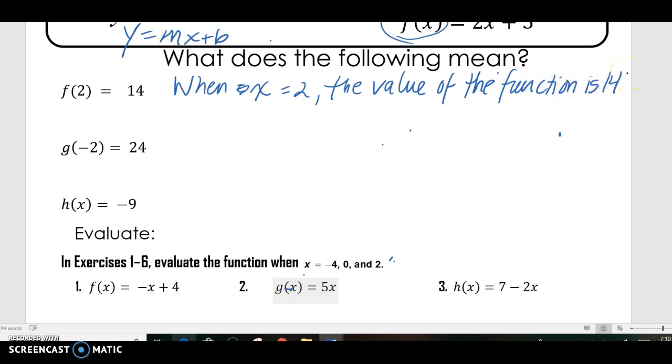Same thing here, with a new variable. This one says g of negative 2 equals 24. This one just means when x equals negative 2, the value of the function is 24.